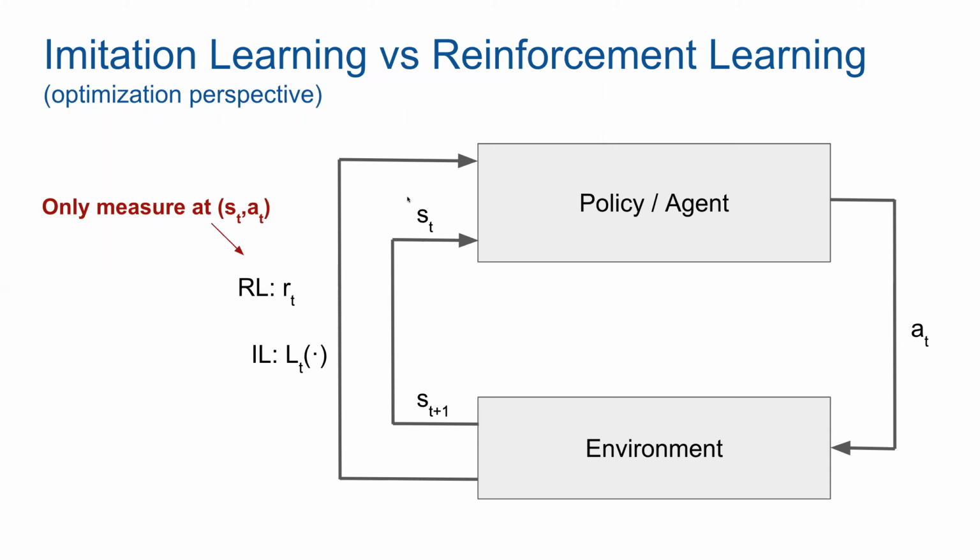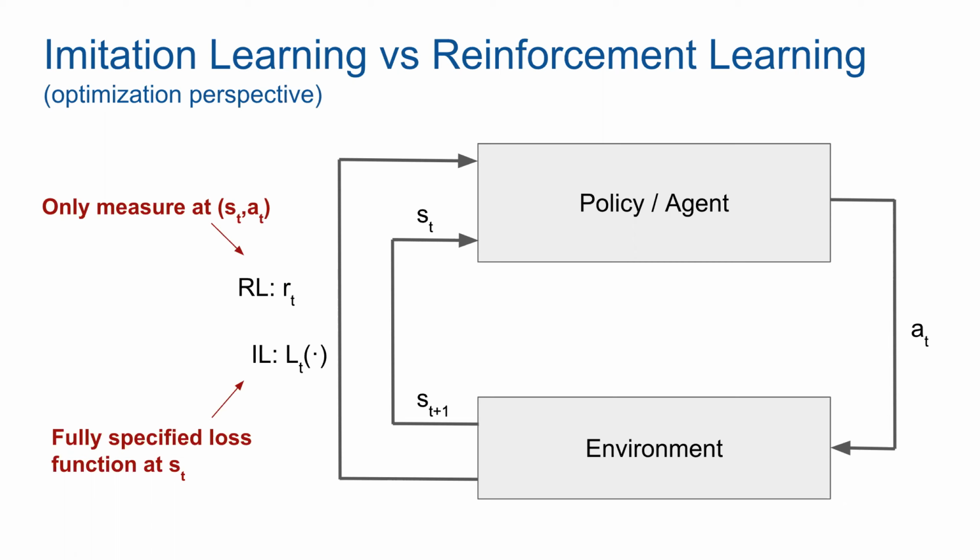So in reinforcement learning, you only measure that at that specific state-action pair. One thing that's kind of interesting is that oftentimes, although not always, in imitation learning, the loss function is fully specified at a state.